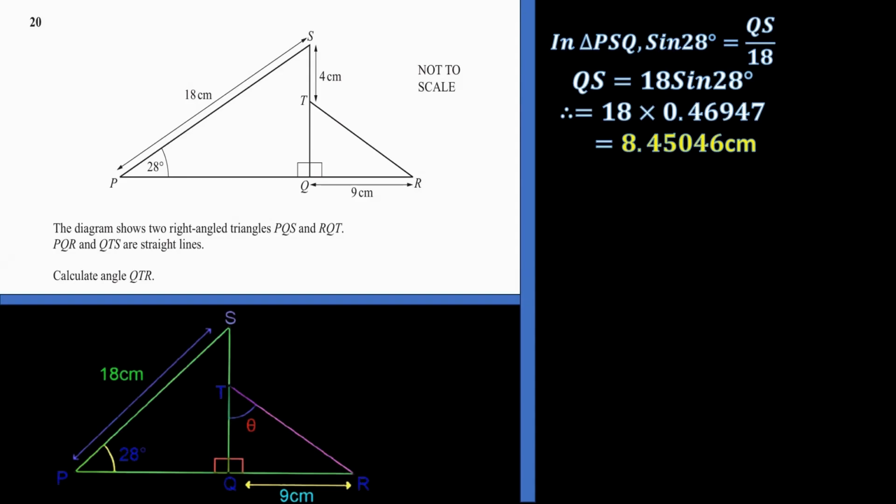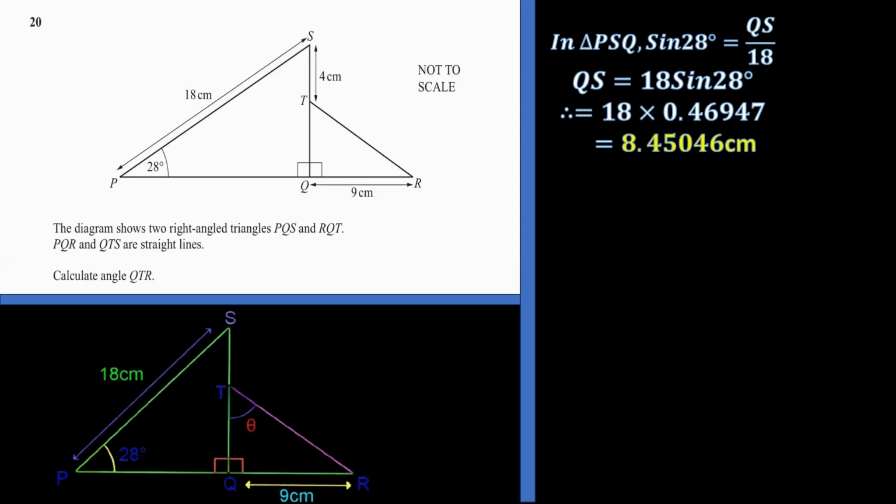It doesn't hurt, because we are still using the value for further work. When I multiply by 18, it gives 8.45046 centimeters. Good. That is the length of QS. Also remember that part of QS is TS, and TS is 4 centimeters.